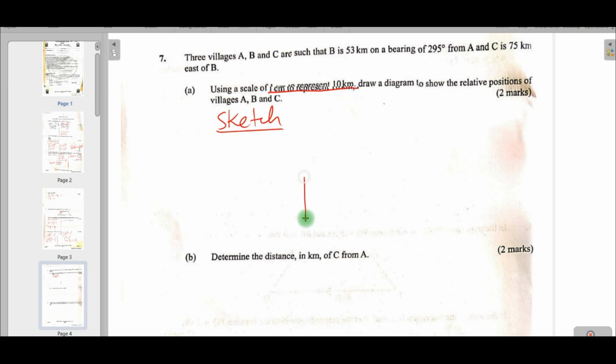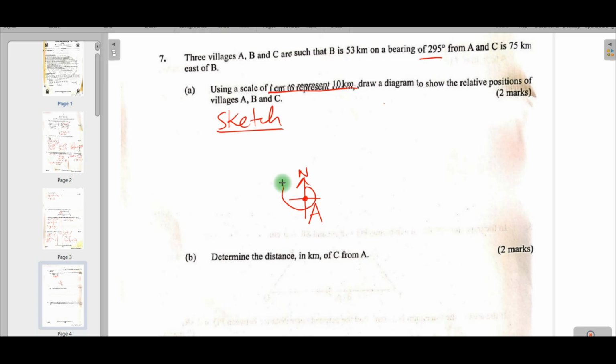Therefore, consider this as taking the north, and this point here is A. So we need to measure or just approximate 295 degrees from the true north.